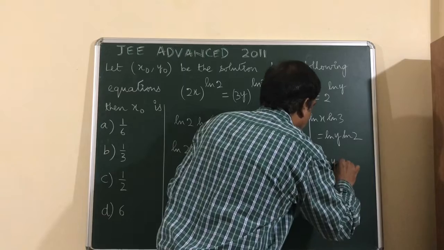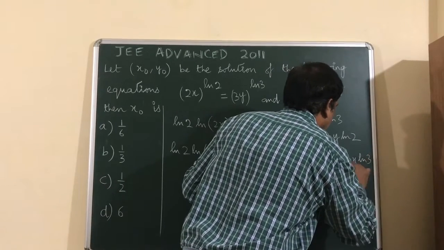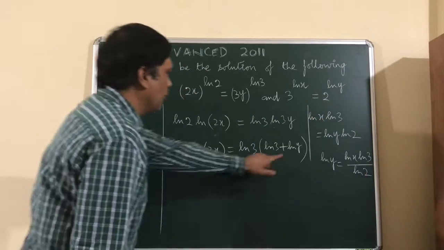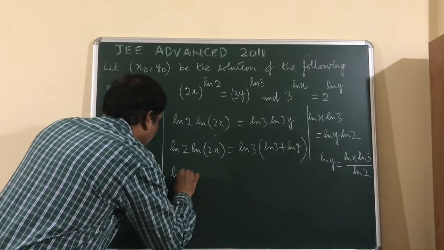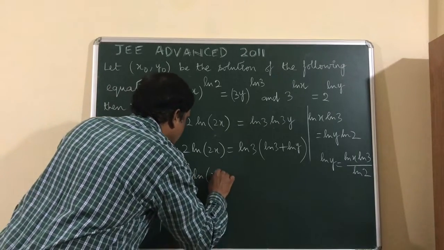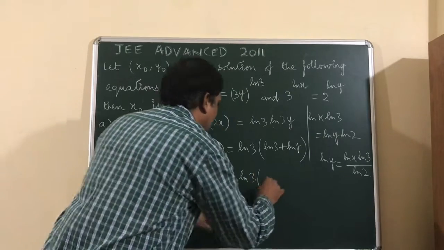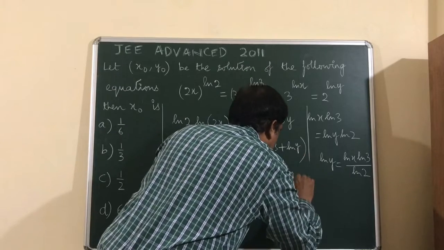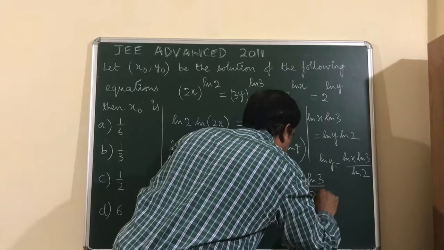So ln y is equal to ln x into ln 3 divided by ln 2. Now we'll substitute the value of ln y, as we have to get the value of x naught. So ln 2 into ln 2x is equal to ln 3 into ln 3 plus ln y's value, which is ln x into ln 3 divided by ln 2.